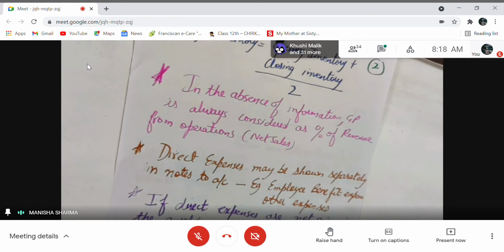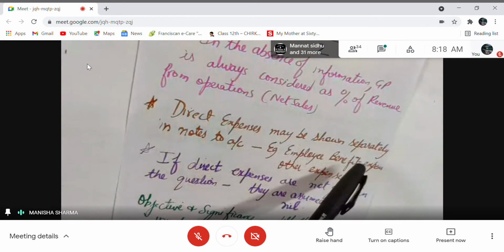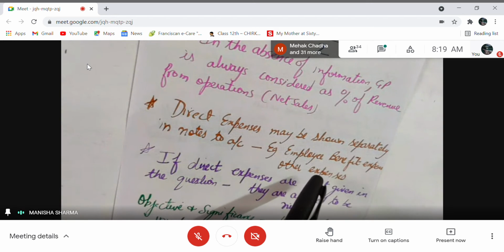Now comes the next point. I've already told you about direct expenses. They may be shown separately in notes to accounts. For example, I already gave you the example of direct expenses, employee benefit expense, because you will not get carriage inward, wages, or direct expenses like manufacturing expenses, fuel, and power in a trading account like you used to, if you remember from the previous class.